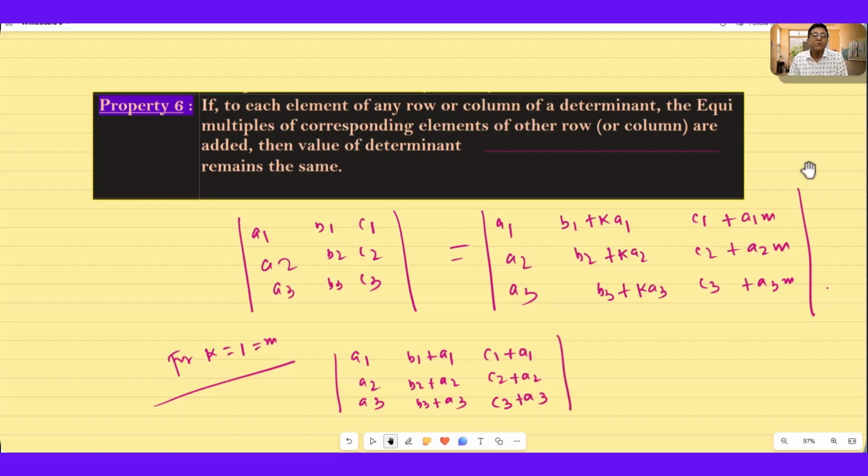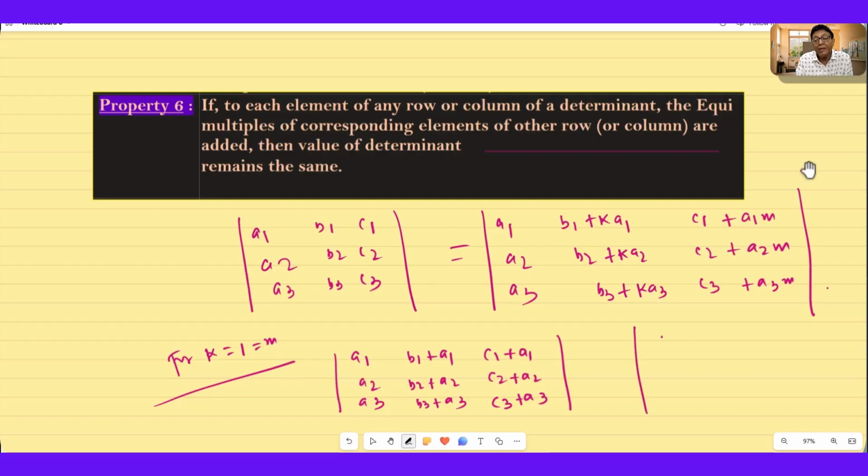Okay? So elements of one column you can add to other two columns. Elements of one row also you can add to the elements of another row or rows.